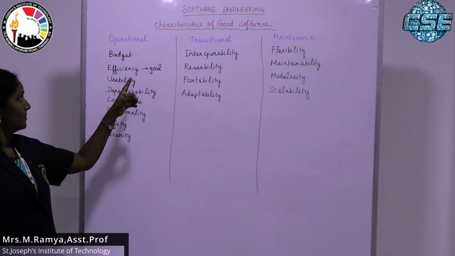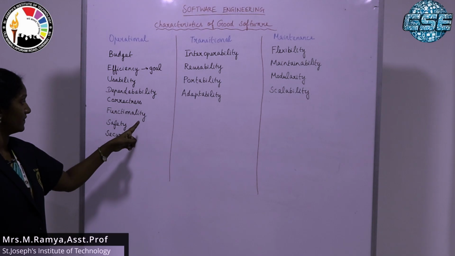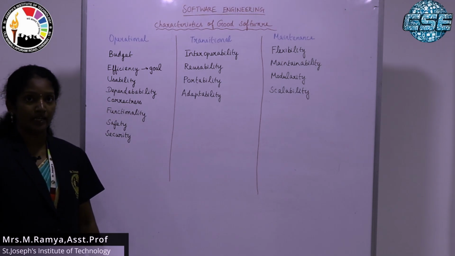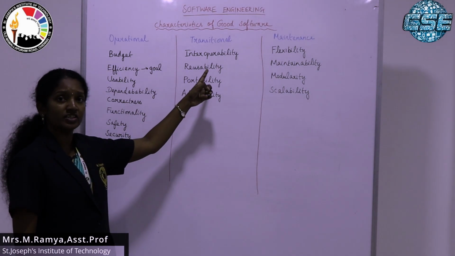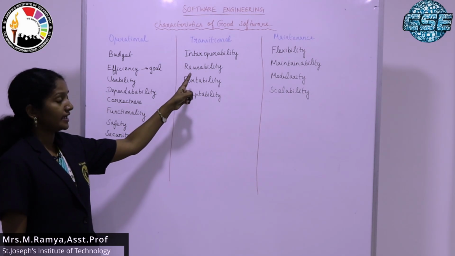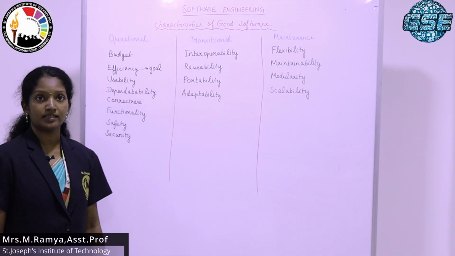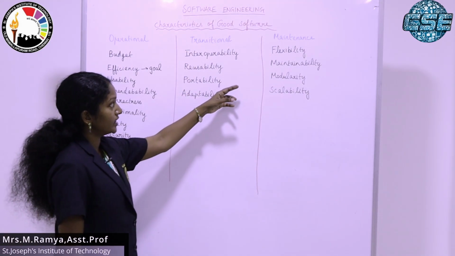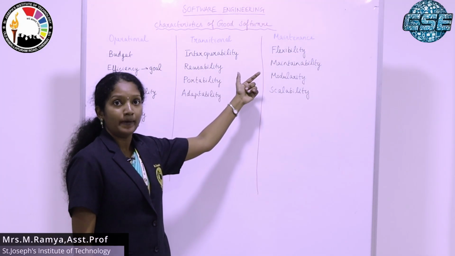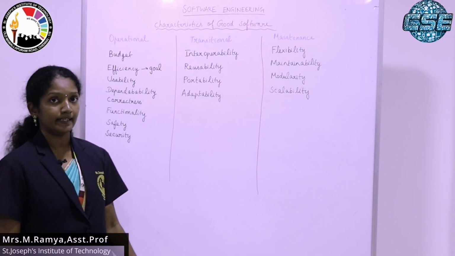Under operational are budget, efficiency, usability, dependability, correctness, functionality, safety, and security. Under the transitional category are interoperability, reusability, portability, and adaptability. And the third one is maintenance. Under maintenance are flexibility, maintainability, modularity, and scalability.